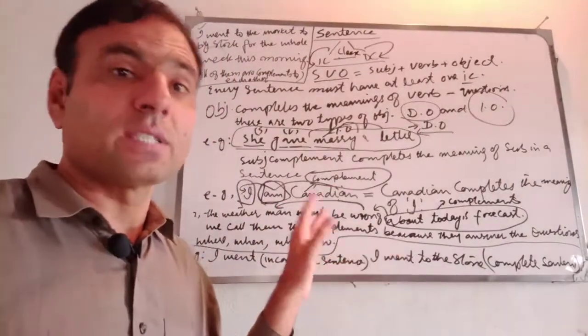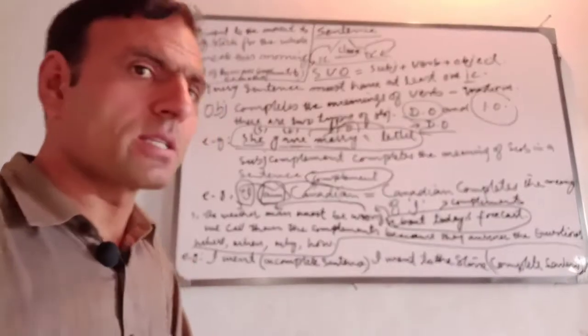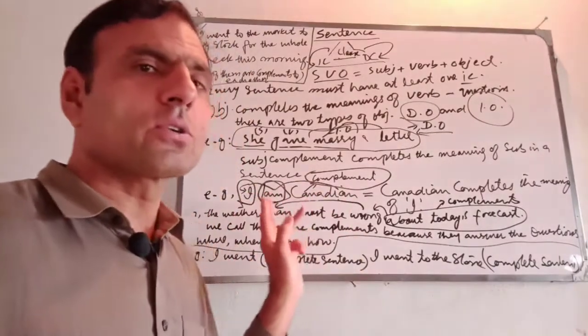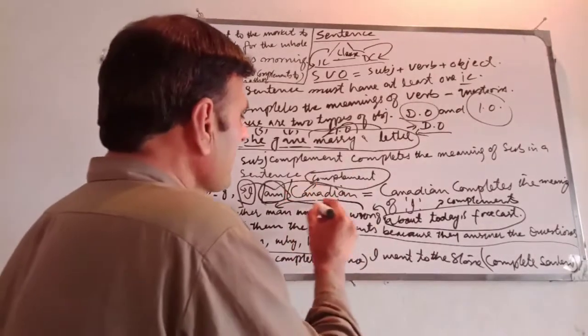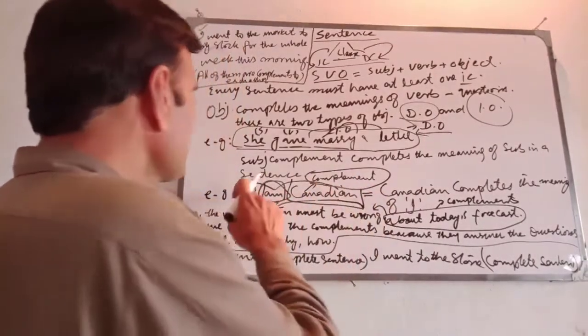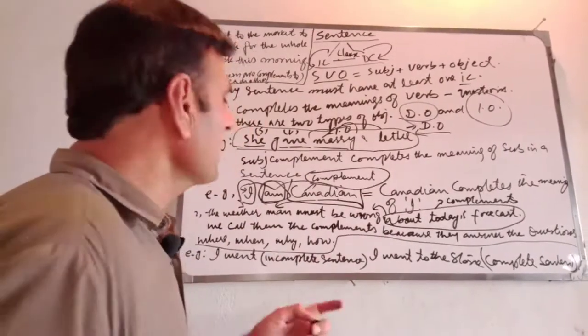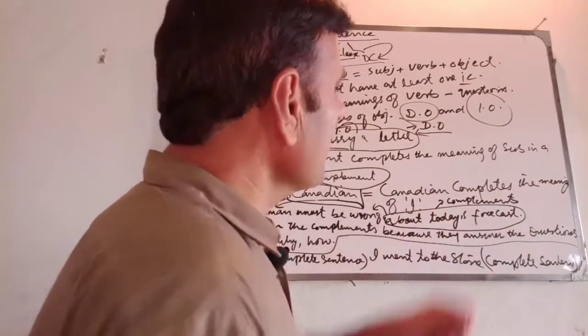Sentence complement: a subject complement tells us things about the subject. Here, "I" is the subject and "Canadian" is the complement, and the complement tells us about the subject. That subject is from Canada. Canadian completes the meaning of "I."